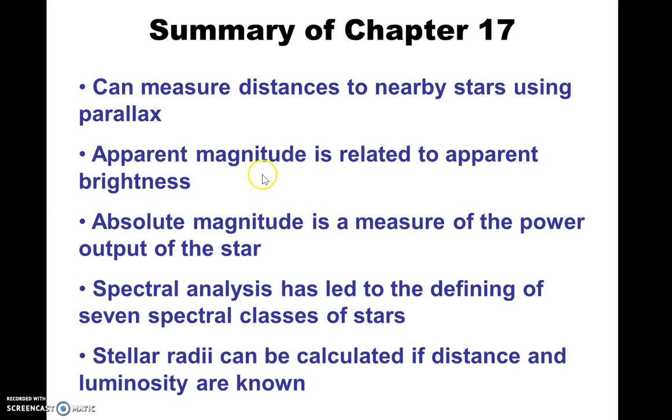So absolute magnitude is what the magnitude of the star would be if it were 10 parsecs away, right? And so we do that mathematically.